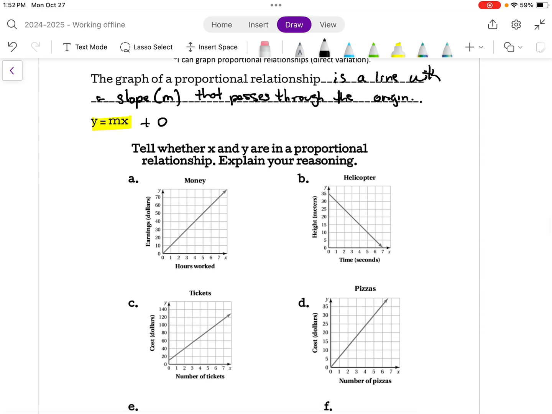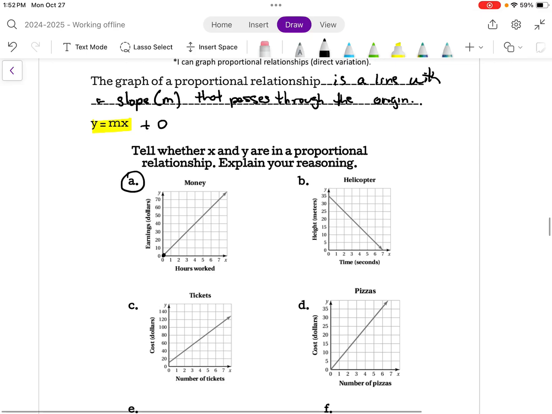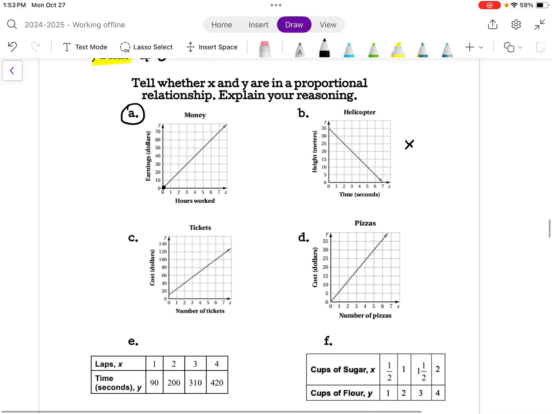So let's look at these 4 examples here, and we have to determine which ones are proportional. So we're looking for graphs that go through the origin. So if I look at A, it starts at the origin, that would be a proportional relationship, or a direct variation. B, as I look at B, this does not go through the origin, so I would say that that's not a proportional relationship.